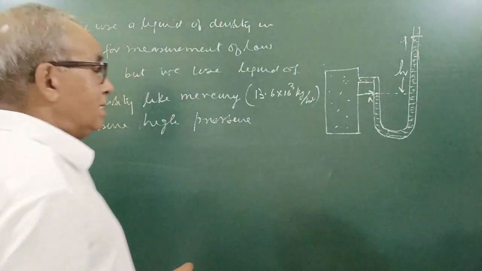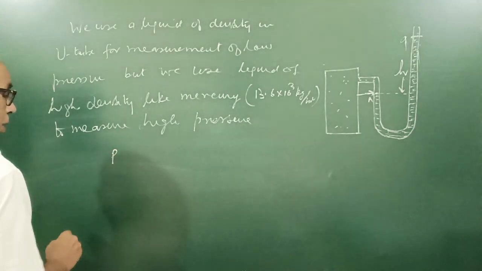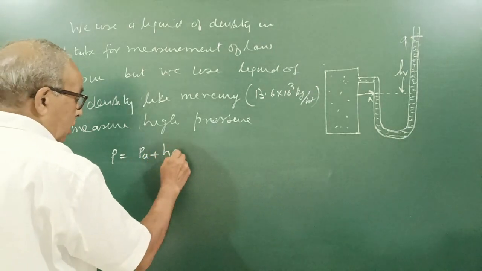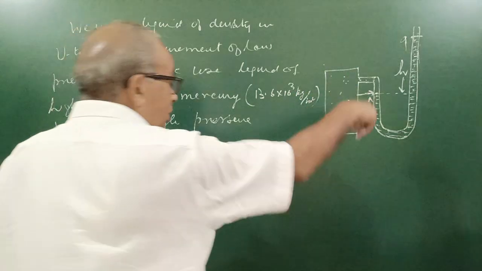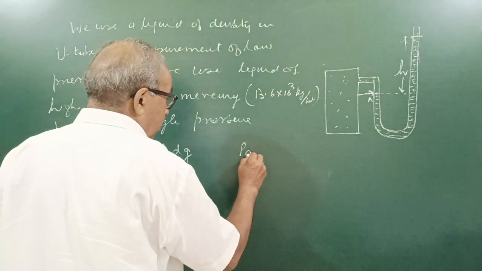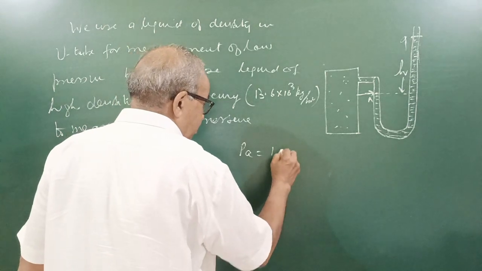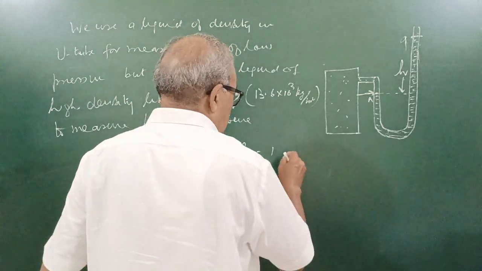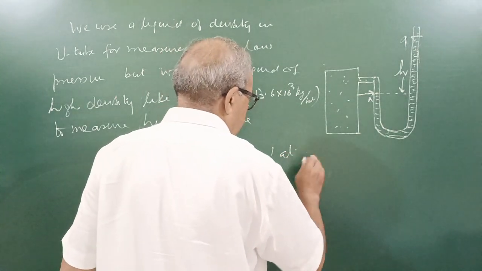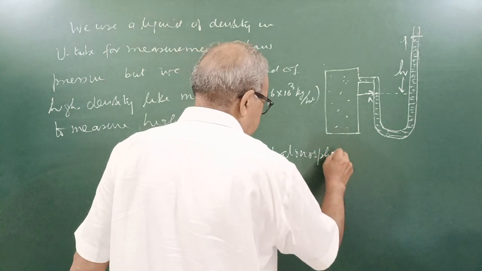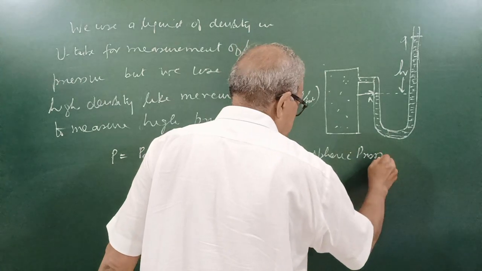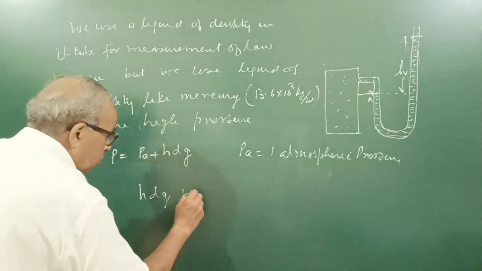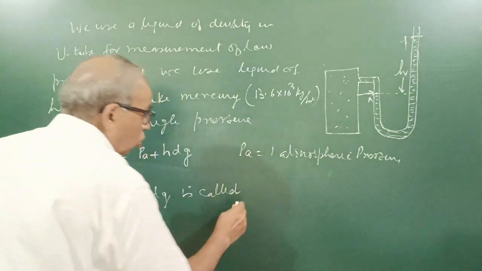And this pressure at P, P equals PA plus hdg, where d is the density of the mercury liquid. PA here equals 1 atm, atmospheric pressure. hdg here is called gauge pressure.